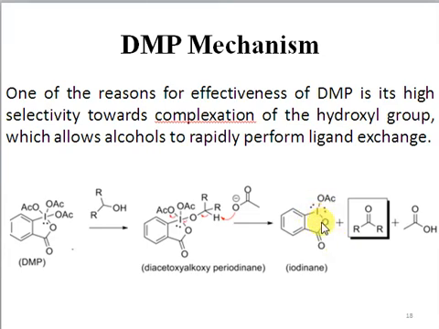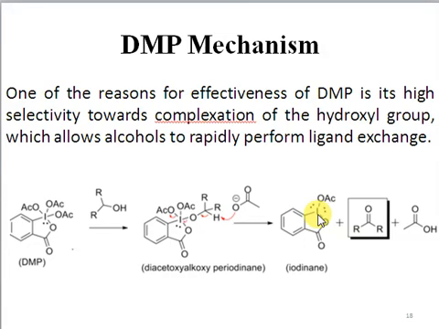Iodine cannot have an oxidation state of 6, it cannot have an oxidation state of 2, it cannot have an oxidation state of 4. The oxidation state should always be 1, 3, 5, 7. With these oxidation states, iodine is neutral. So here the oxidation state of iodine is 3.